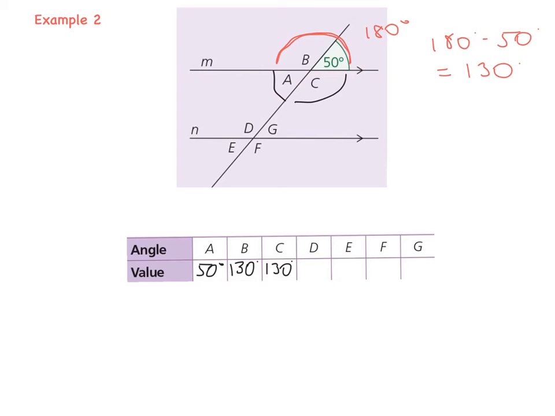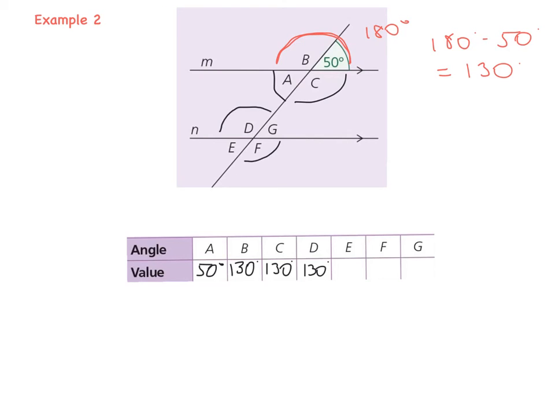So let's write it down. D, the same as B, 130 degrees. F, exactly the same as C, or you can say D and F are exactly the same because they are vertically opposite.